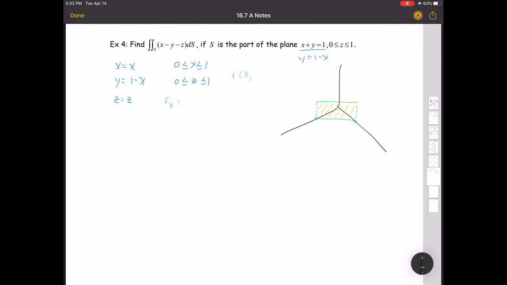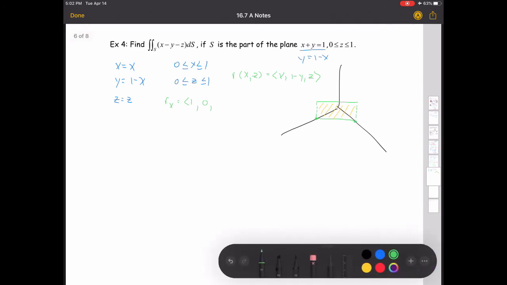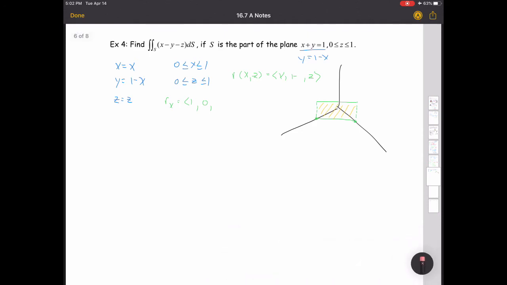So r of x and z is going to just be x, 1 minus y, z. So r sub x is going to be 1, 0. No, I take that back. I wrote my parameterization wrong. That should not be 1 minus y.